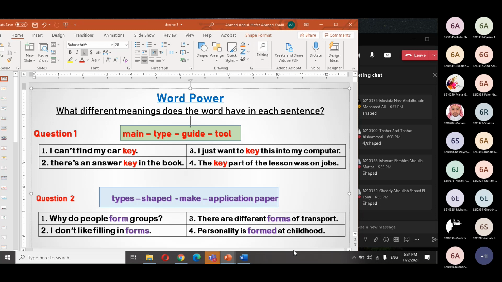the idea here is that most English words don't have one meaning, and the meaning depends on the sentence. If someone asks you, what is the meaning of this word? Okay, don't give him the meaning of the word, because the word may have different meanings.